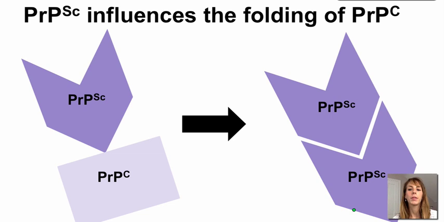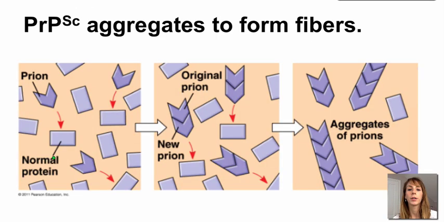The other thing about this protein is that the misfolded form, the PrPSc, is hydrophobic, and it has these hydrophobic amino acids that don't like to be in the cytosolic environment, which is aqueous. Instead, it likes to congregate with other hydrophobic PrPSc proteins. And so not only do you get the formation of new prions, you also get their aggregation.